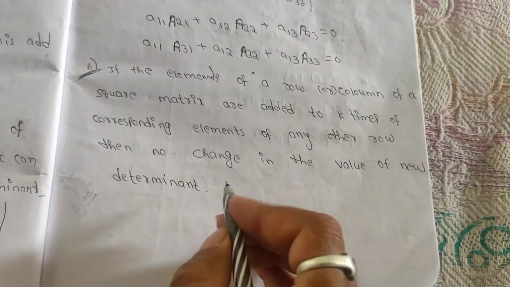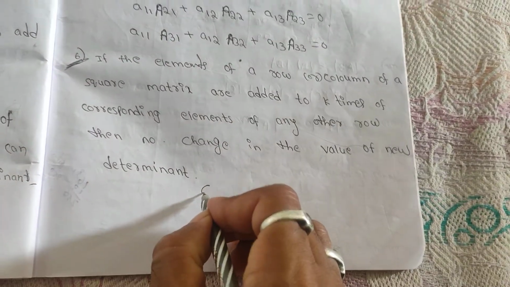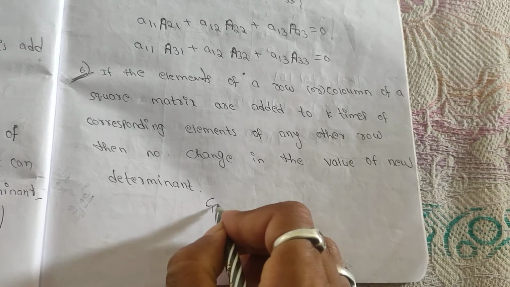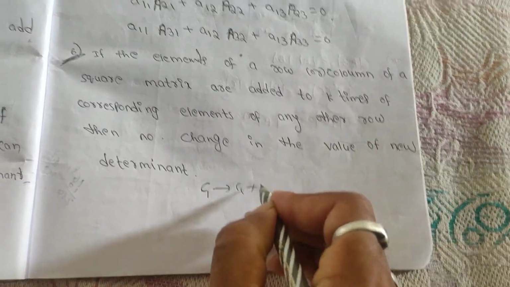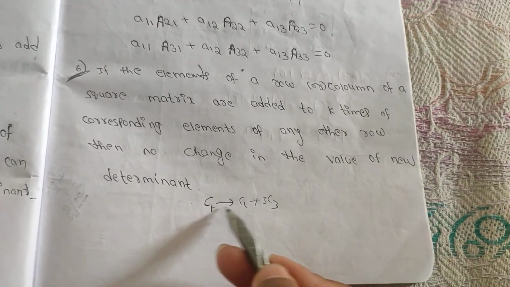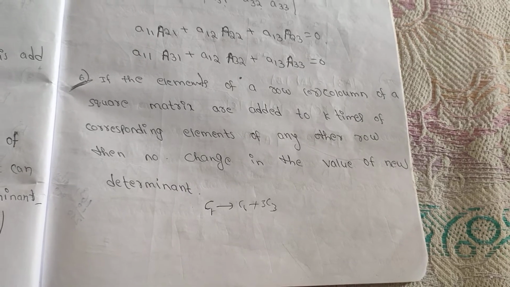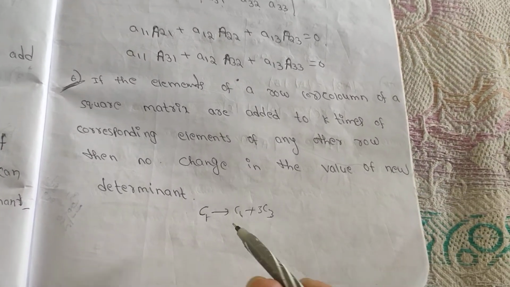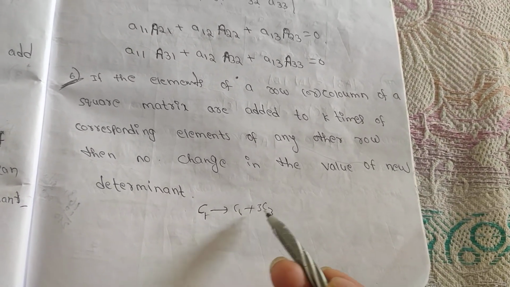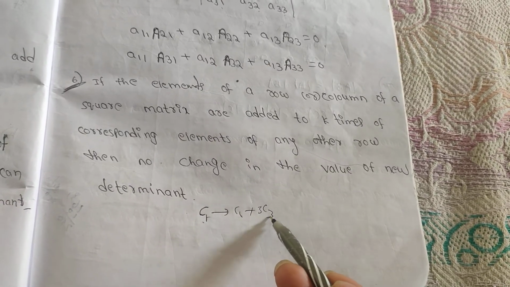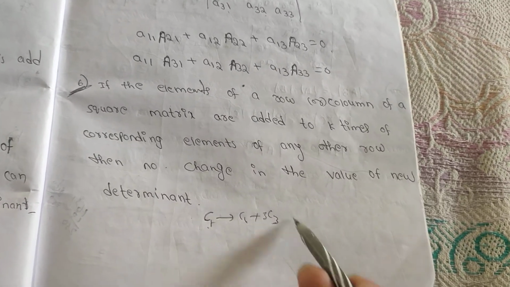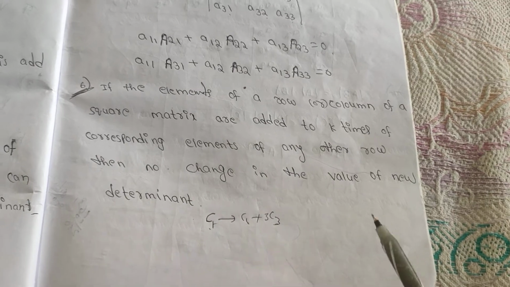This means, if you want to change the first column, C1 implies C1 plus some multiple of another column. Going with the third column, C1 implies C1 plus 3C3. You find the determinant of the first matrix, and after changing C1 to C1 plus 3C3, you find this new determinant and you get the same answer.